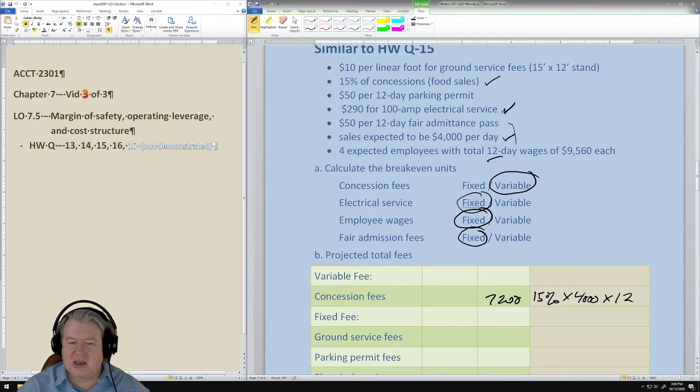Our fixed fees, well, we've got the ground service fee. So this thing is $10 per, it says linear foot, but I think they really mean square foot. And we have a 15-foot by 12-foot stand. So it's going to be $10 times 15 feet times 12 feet. And that comes out to $1,800. Parking fees, well, it's $50 per permit, but remember we have 4 employees.